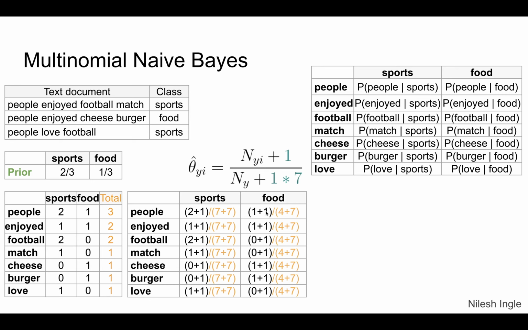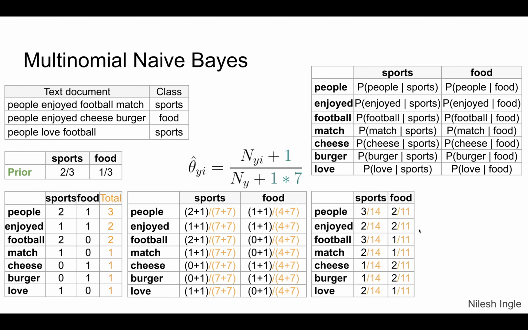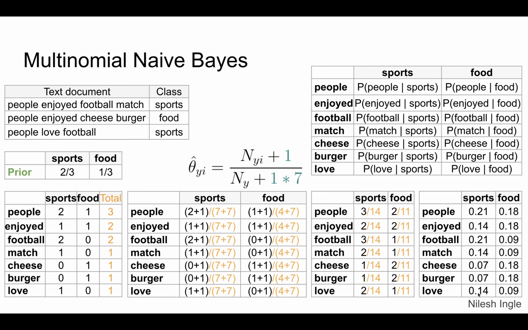And then for food we have 1 plus this 1 divided by 4, because here we just have 4 words in the class food, 1 2 3 4, so we have 4 plus 7, and we perform that for all other words in the vocabulary, and then we get these fraction values which can be converted to these. So these are the probabilities for all these values in the table above.